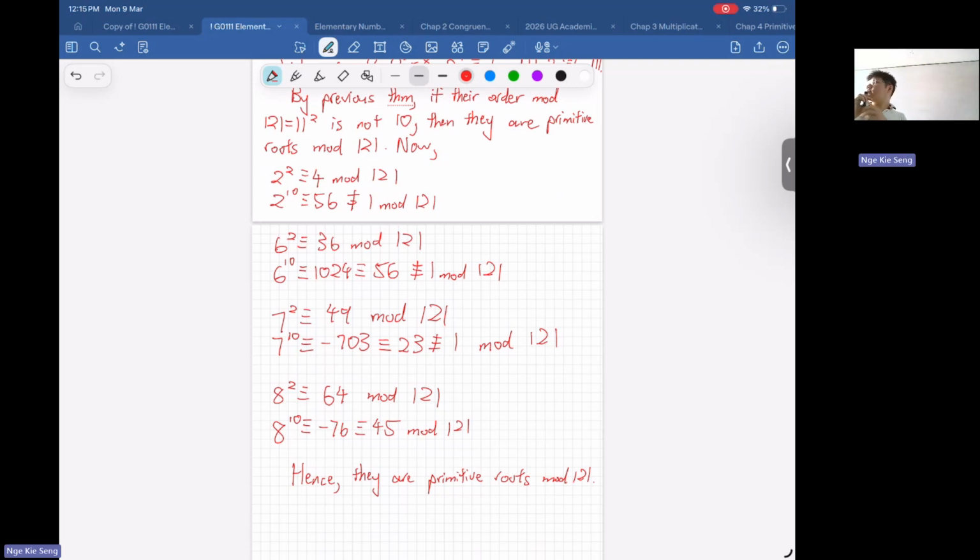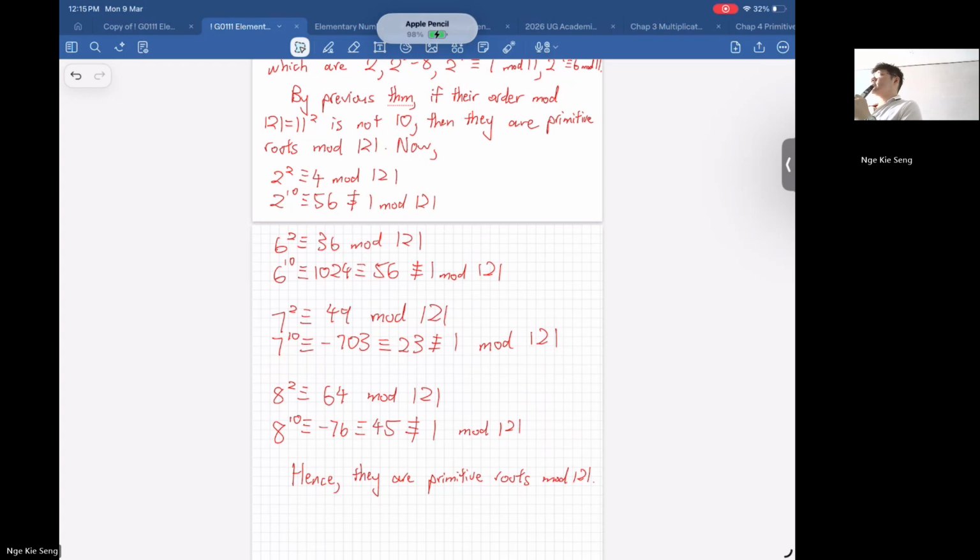So far so good. So after taking power 10 these are not 1 mod 121, so they are primitive roots of 121. Good? Everyone okay?